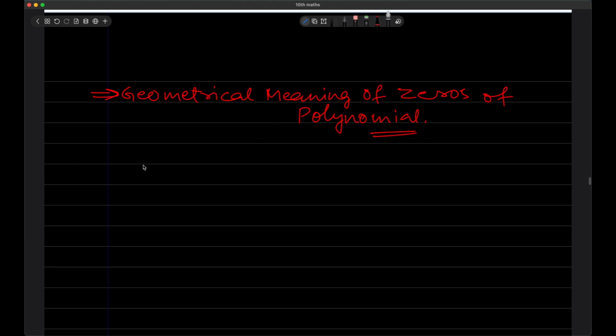We have discussed the polynomial, which can be represented by p of x where x is the variable.